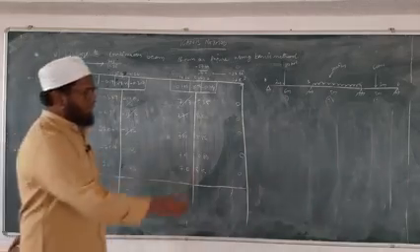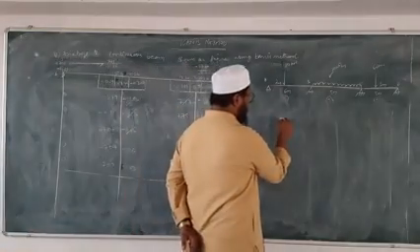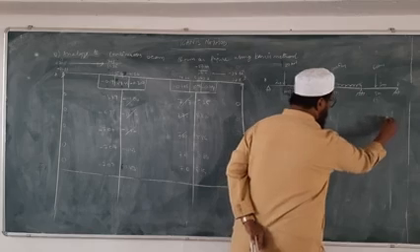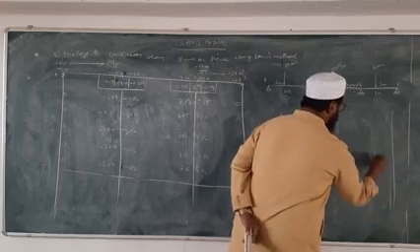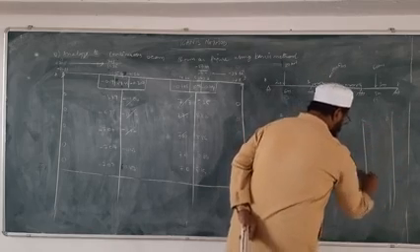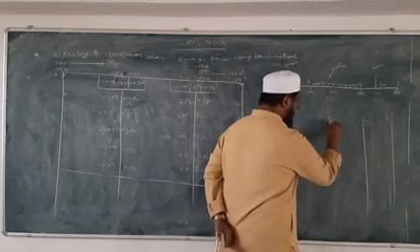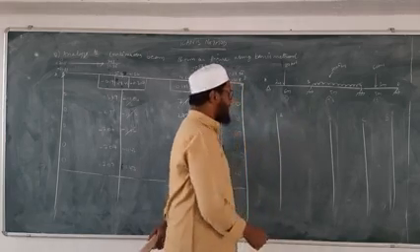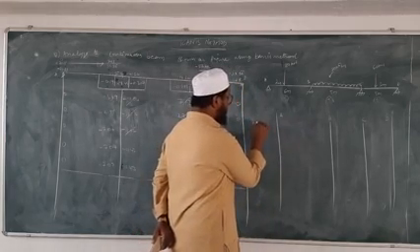So we'll solve here itself. We have points A, B, C and D. What are the fixed end moments we have?